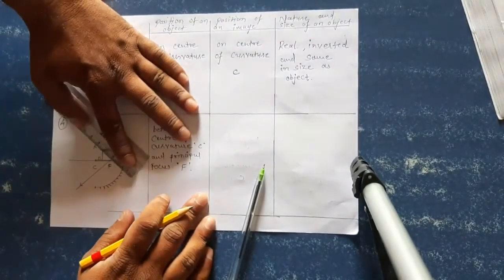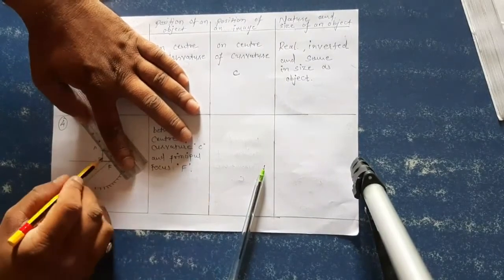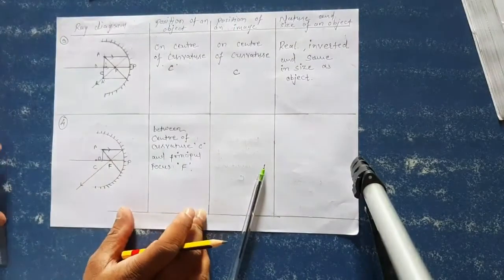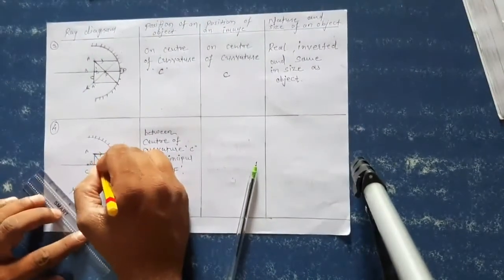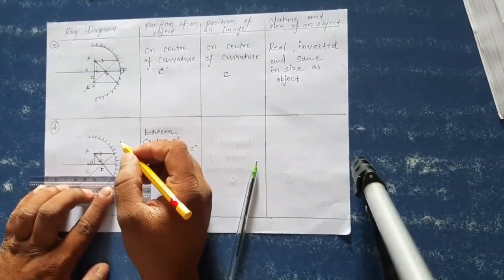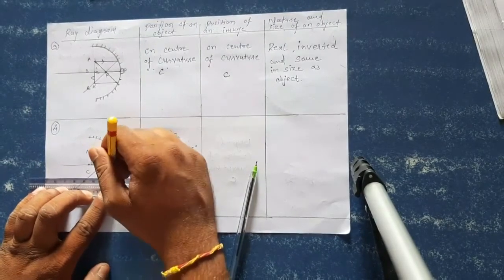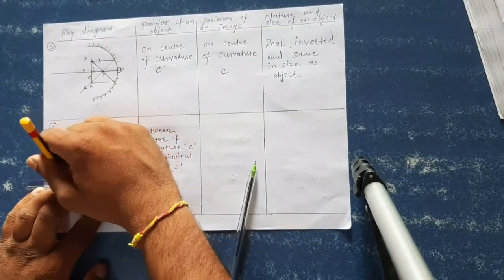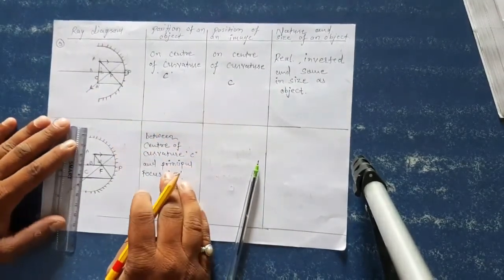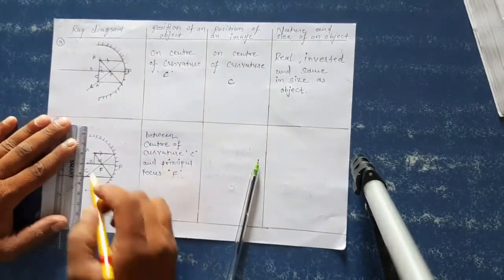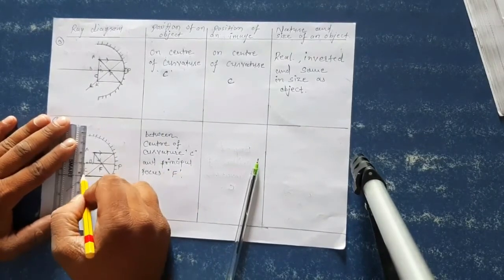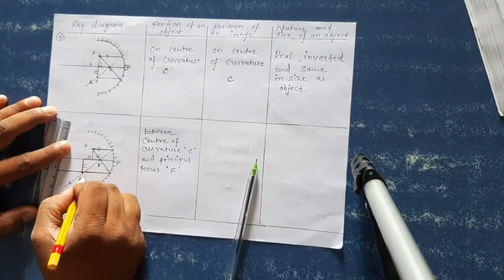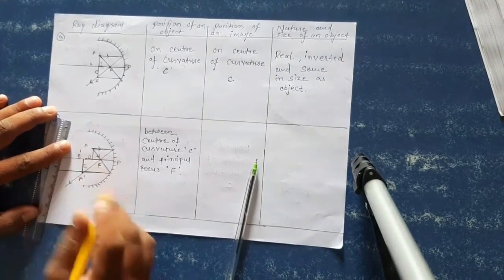Now the second ray, which passes from principal focus, will be parallel to our principal axis, and here we will get our image A dash B dash.